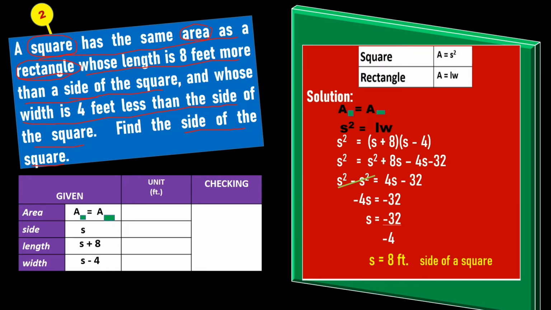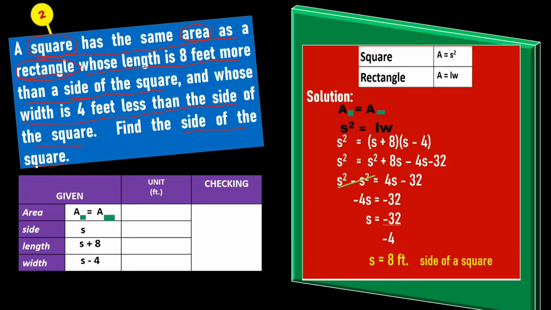So, here's the solution. Area of a square is equals to area of the rectangle. So, equate lang natin sila. So, yung area ng square is S squared. Ang area ng rectangle is length times width.